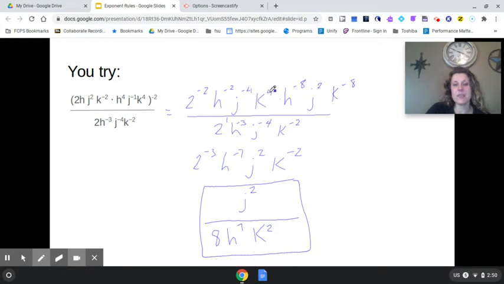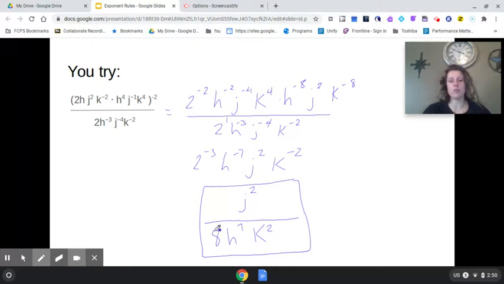The k's, we had 4 plus negative 8. That gives me negative 4. But then we're subtracting a negative 2, or adding 2. So negative 4 plus 2 gives me k to the negative second power. And then simplifying and cleaning that up a bit, j squared is the only thing that has a positive power, so it stayed in the numerator.